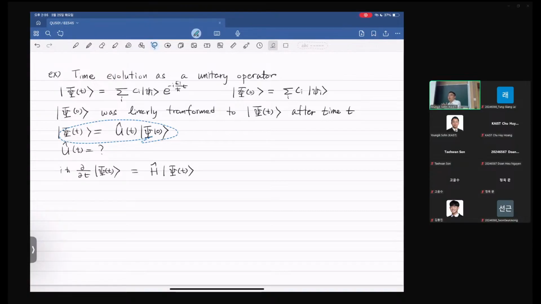If I do some substitution, let me write down i h bar, d/dt of U(t) applied to the quantum state at time t equals 0, and H is here, and U(t) applied to the quantum state.